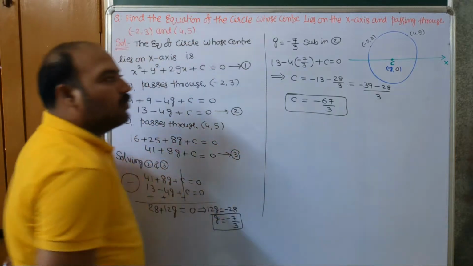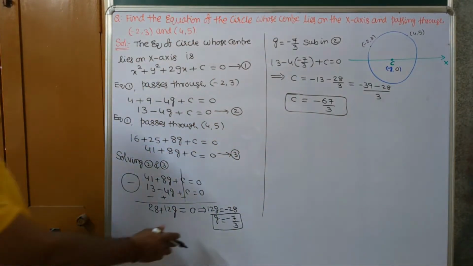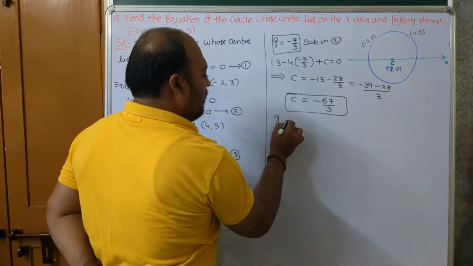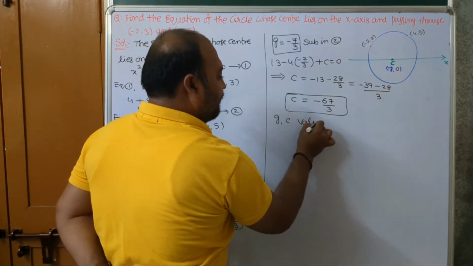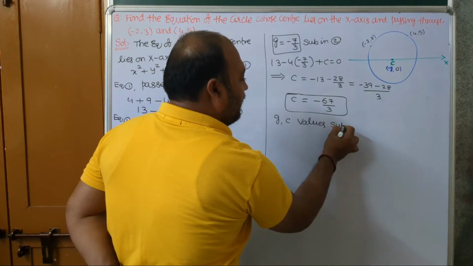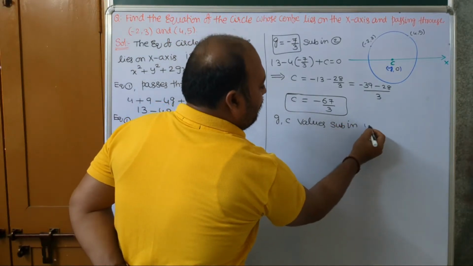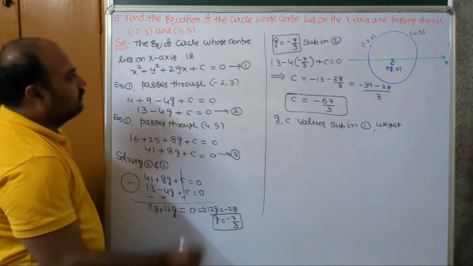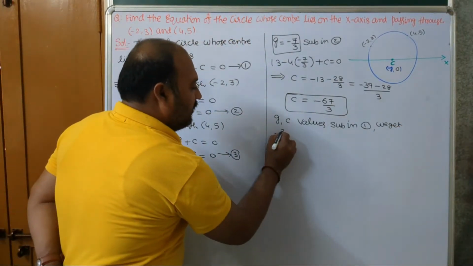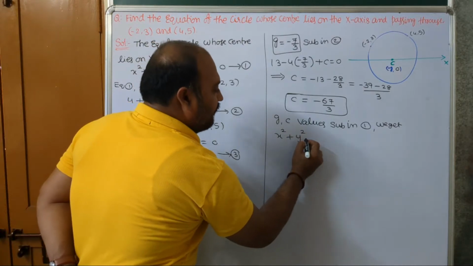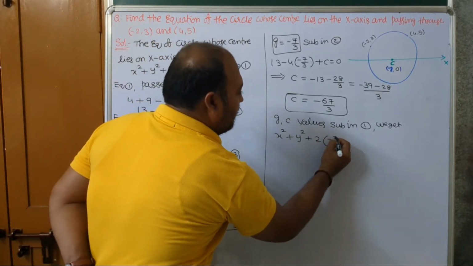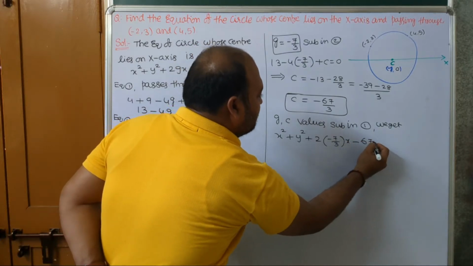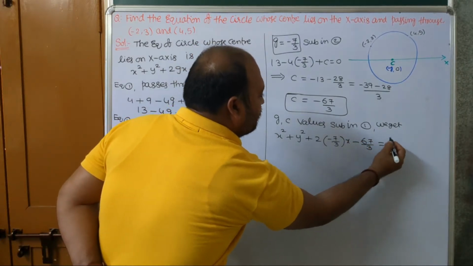So g value and c value, g comma c values, substitute in equation 1, we get x square plus y square plus 2 into minus 7 by 3 x minus 67 by 3 equal to 0.